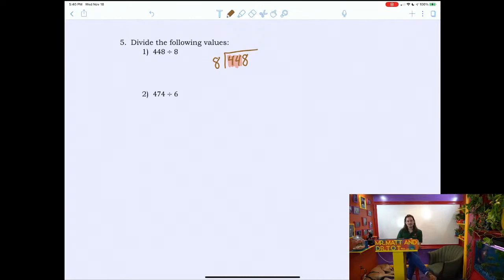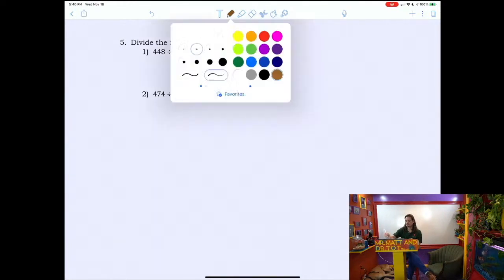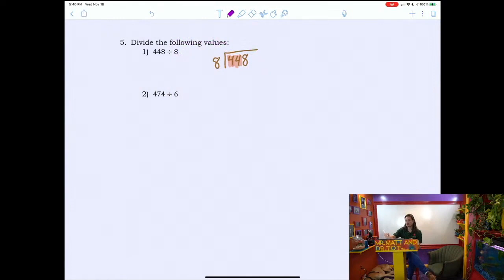Notice that 8 times 5 is 40. 8 times 6 is 48. So 44 is in between 40 and 48. So I know that 8 can go at least 5 times into 44. So I'm going to write a 5 above the second 4, not the first 4, because I had to consider 44, not just 4, in the initial division.